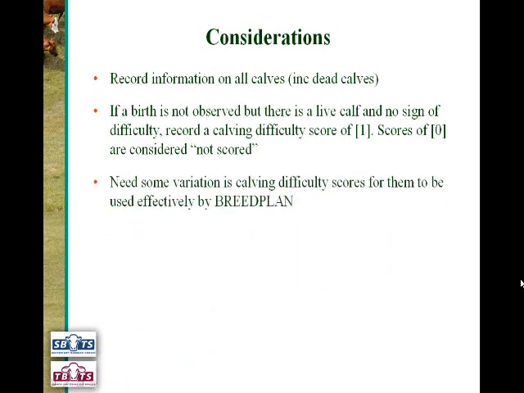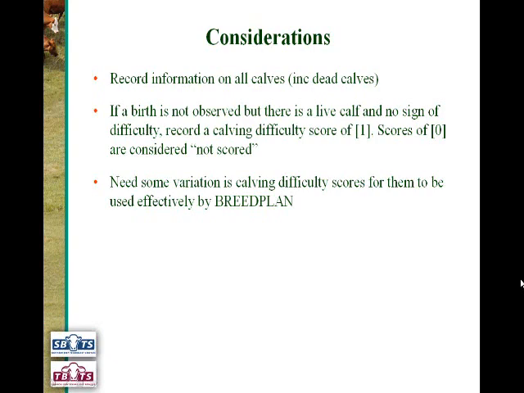The next point is really that for Breedplan to use the calving difficulty scores effectively, we do need some variation in those calving difficulty scores. That's not to say if all the calves are born unassisted to make up some variation there, but it's important to be aware that if all the births are unassisted, then it doesn't identify for Breedplan any differences in the level of calving difficulty, and so effectively that information doesn't contribute to the calculation of the EBVs, and instead the EBVs will be more generated off the birth weight and gestation length information where we've got differences in animals.